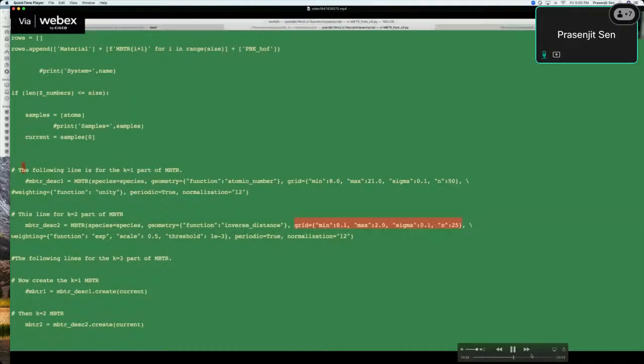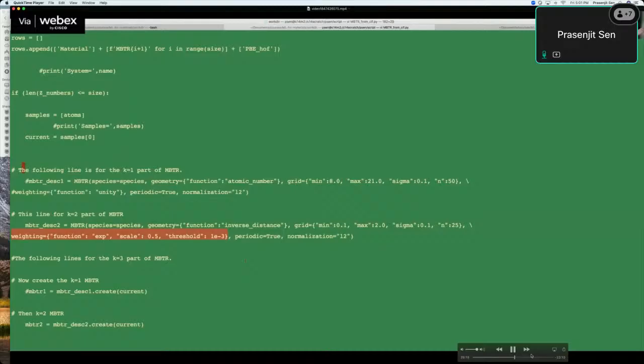And these weights are just the weights I talked about when you combine D2s linearly to construct the F2 function. In this case, we use exponential, and there is a scale factor, an s in the exponential also. So it is e to the minus s times the distance between the two atoms. The scale is that s. And threshold means if the weight falls below this number, then you don't consider those pairs.